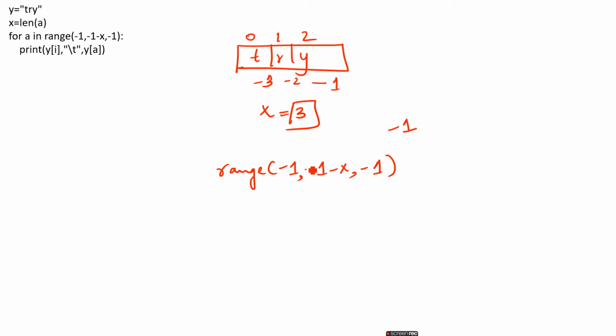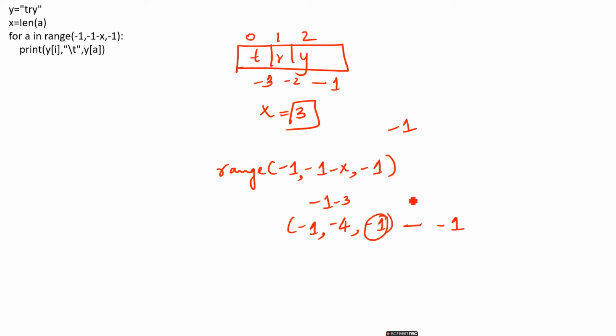Now the ending index is -1 - x. So what is x? It is 3. So -1 - 3, the ending index will be -4. So the range function is like this: range(-1, -4, -1). Next, the step value is -1. So from the range function we will get values like this. First we will get -1.